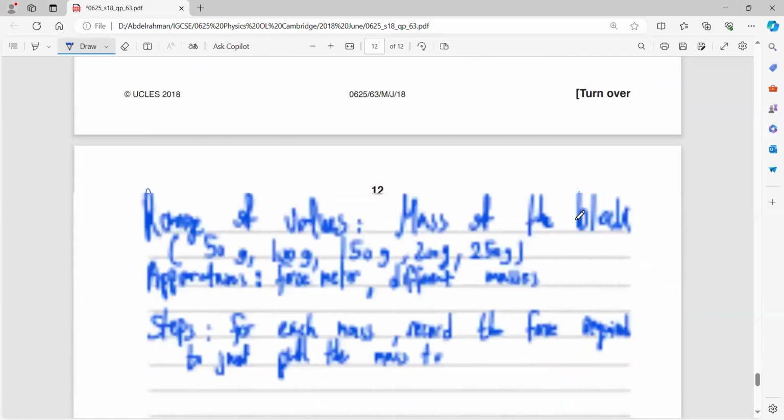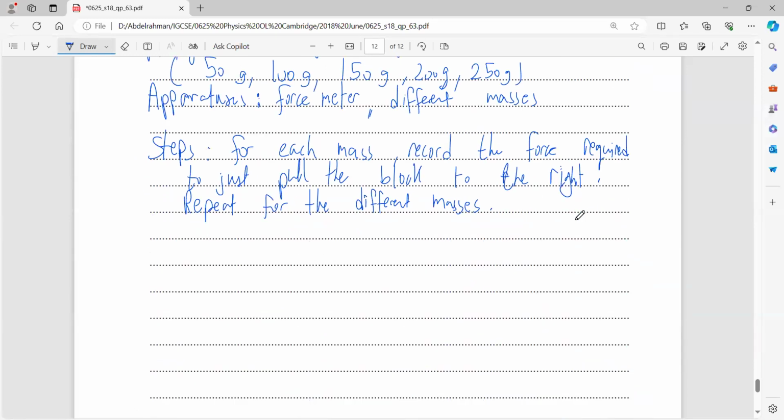Describe any precautions. What are some precautions that I can use? None. Okay, one very obvious precaution is that we have to use the same surface.